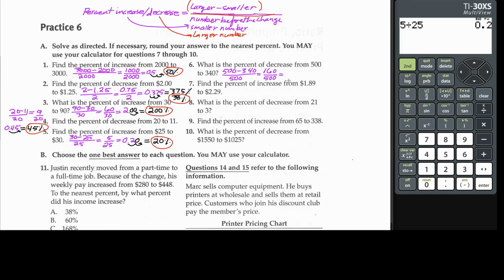On the calculator, clear. Now, 160 divided by 500. Enter. That's 0.32. So 0.32. And now we need to move the point twice to the right. So it's 32%.